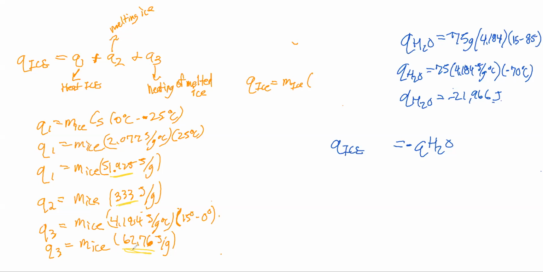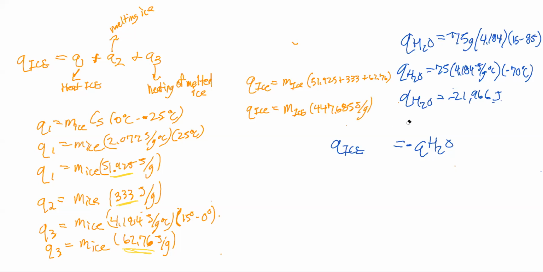So that's going to come out to the Q of our ice is the mass of our ice times 447 joules per gram.